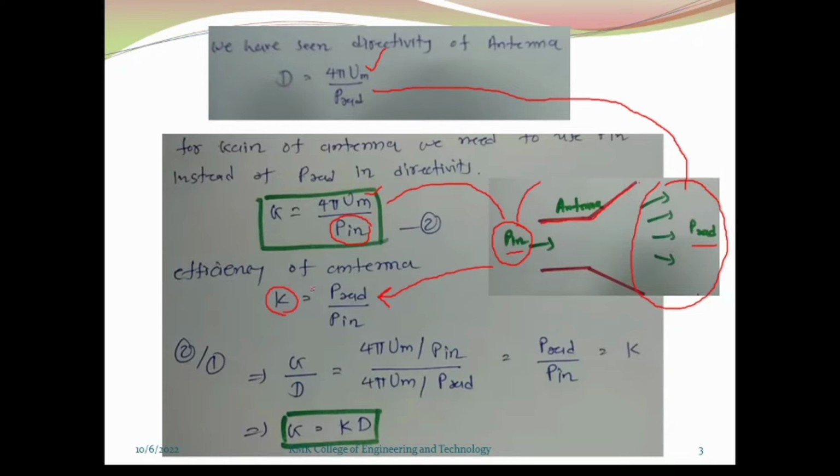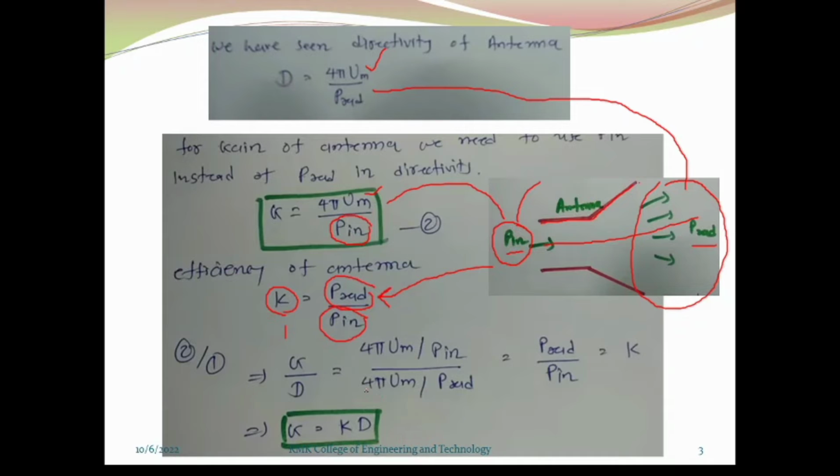Your K value will be equal to 1 if the total power radiated is equal to the total input power, that is without any loss in the walls of the antenna. Whatever power is provided to the antenna, if all the power is radiated, then you get K equal to 1. It means 100% efficiency of the antenna. If K is equal to 1, the value of gain is equal to D, right?